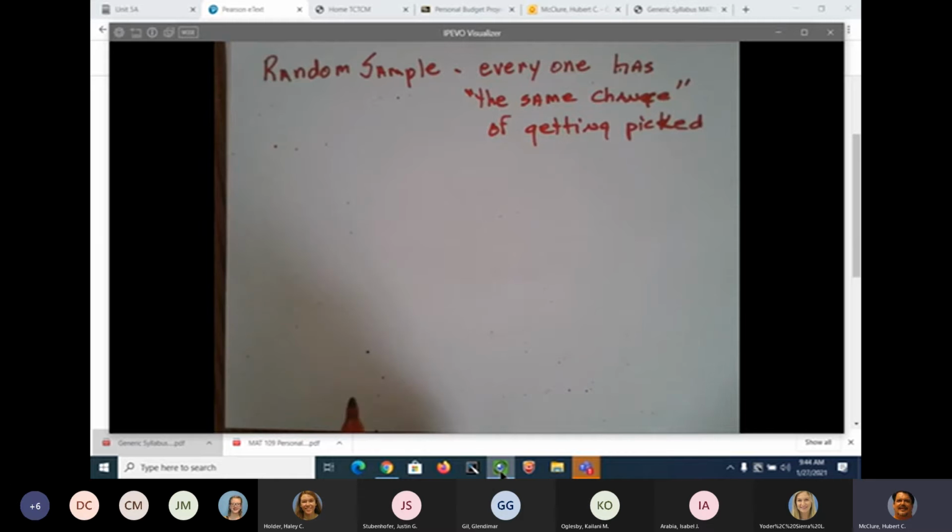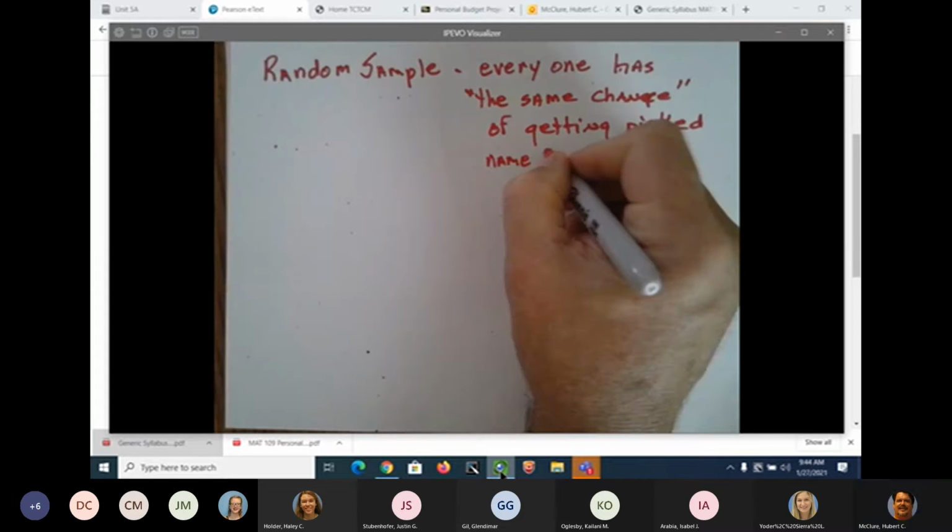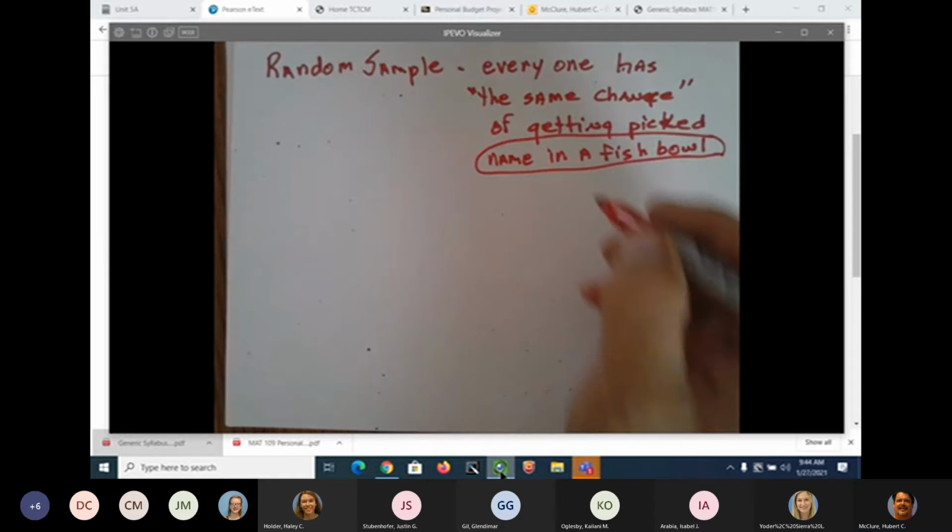So names in a fishbowl is a good example of a random sample. If everybody has the same chance of being picked, then it's names in a fishbowl. That's a random sample.